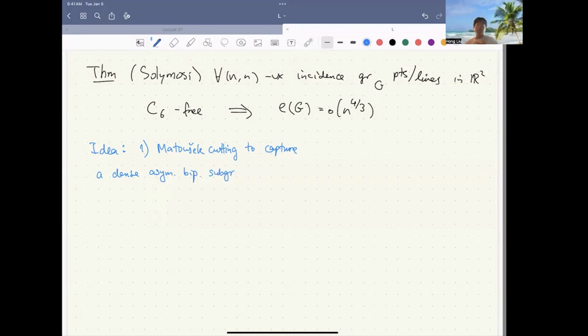And then on this asymmetric bipartite subgraph, we're going to define a clever auxiliary graph and apply the removal lemma.